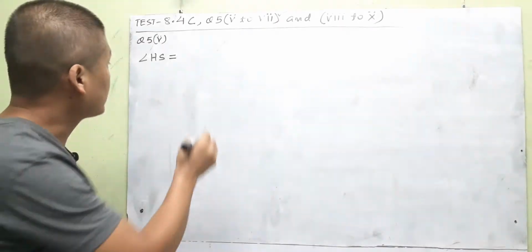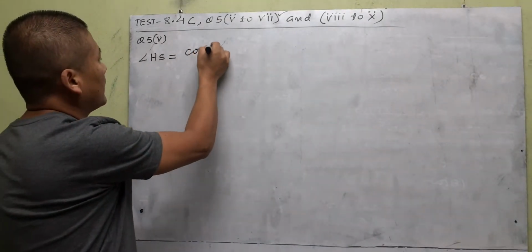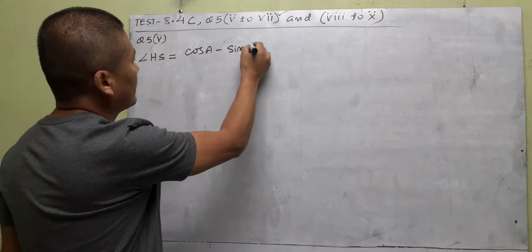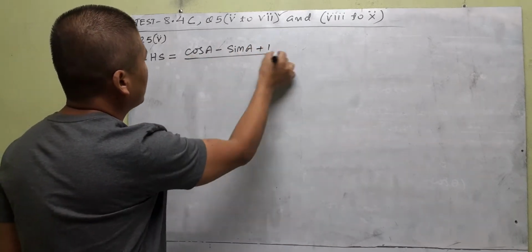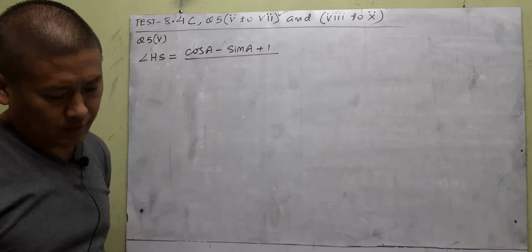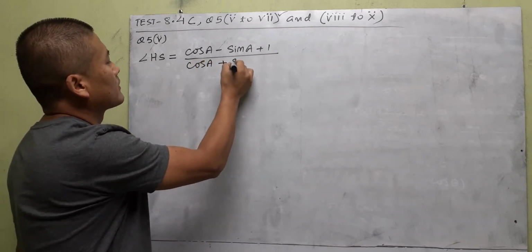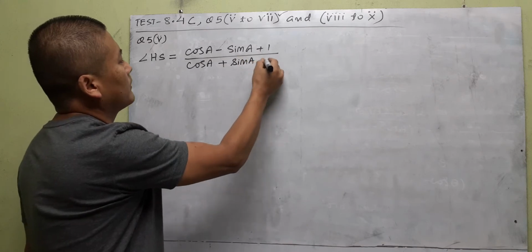Usually it's easier that way. So that is (cos A minus sin A plus 1) by (cos A plus sin A minus 1).